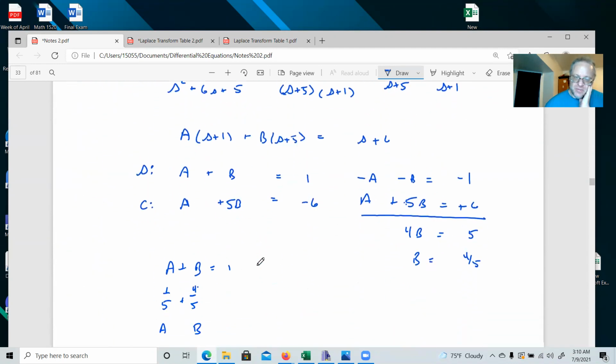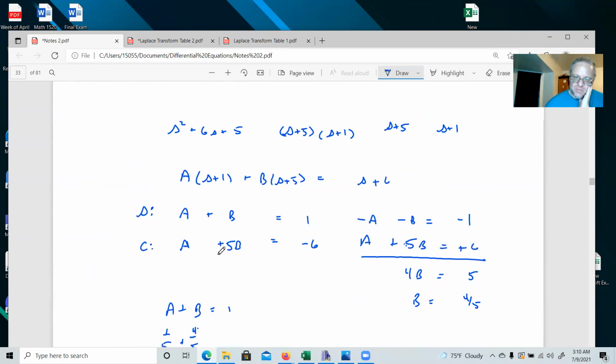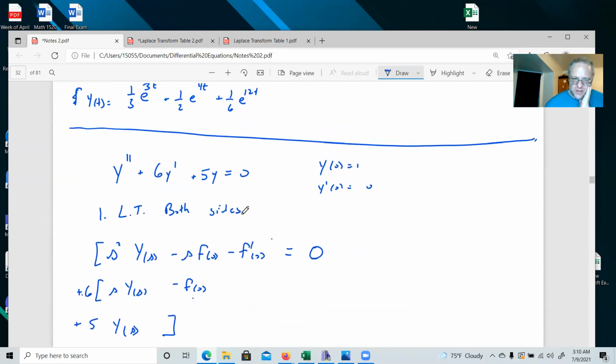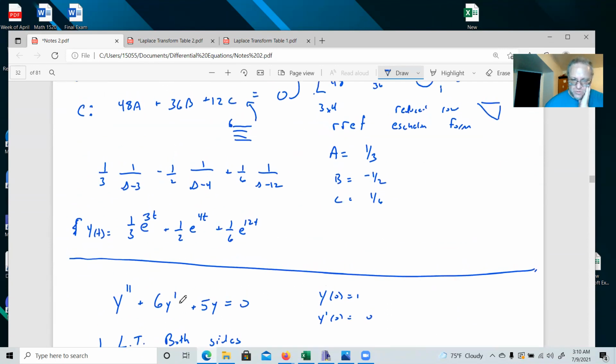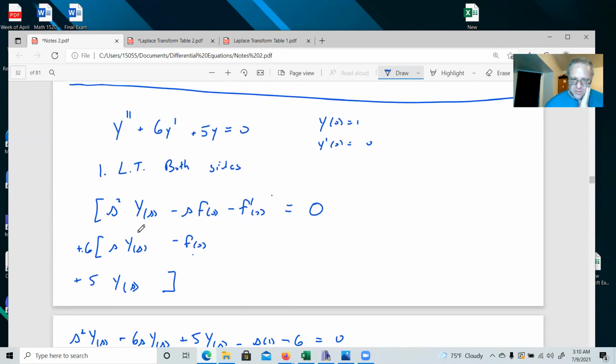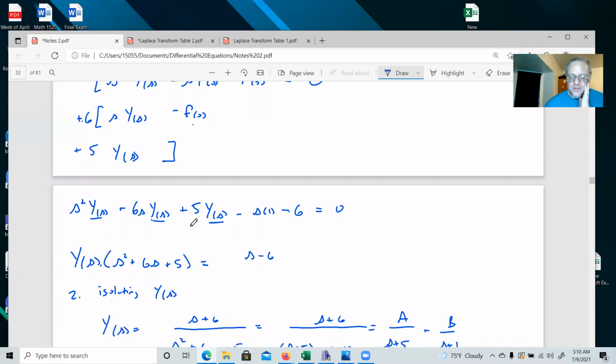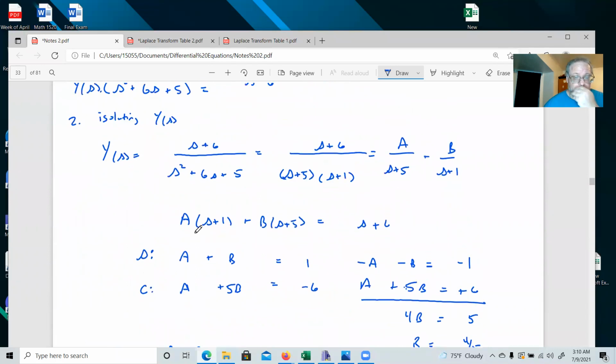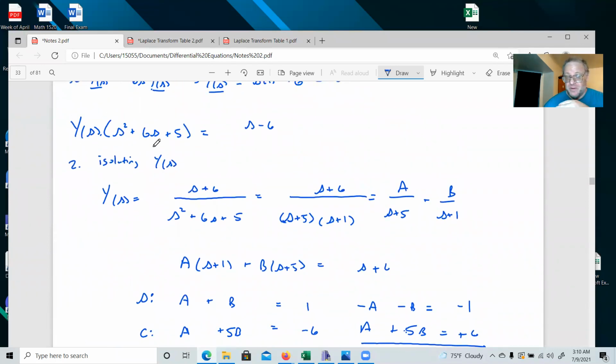Yeah, this polynomial is absolutely related to the polynomial we started with, the differential equation. So what we're doing with Laplace Transform is we're turning a differential equation into an algebraic one, solving it, and then pushing it back into our t world. Okay, but that's exactly what's going on.